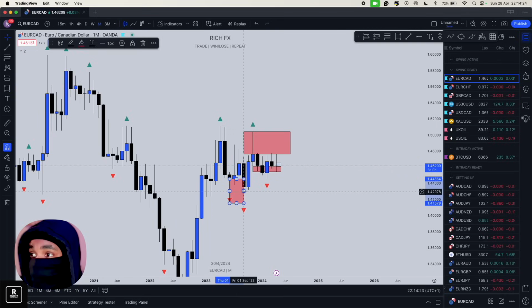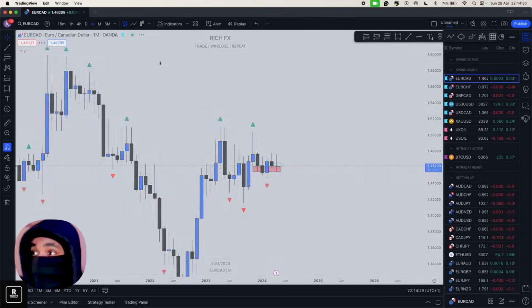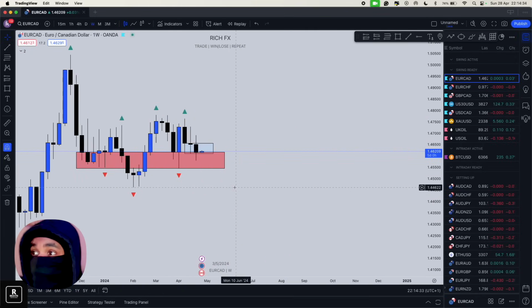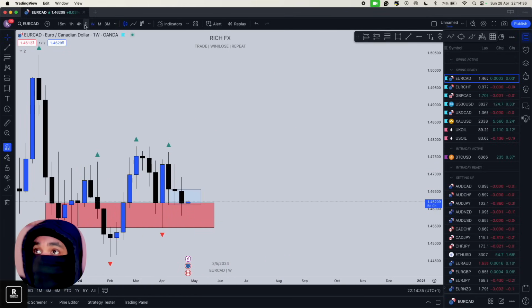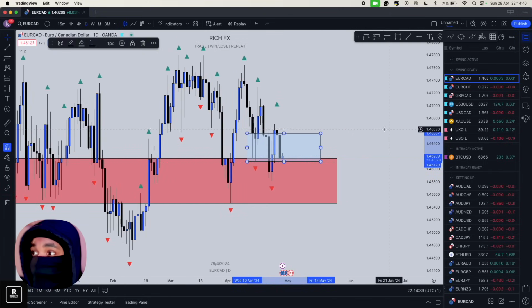So monthly we're consolidating, weekly we are bullish, and daily we are also bullish as well. So that gives us a confluence to go for longs unless price decides to break below the daily time frame.